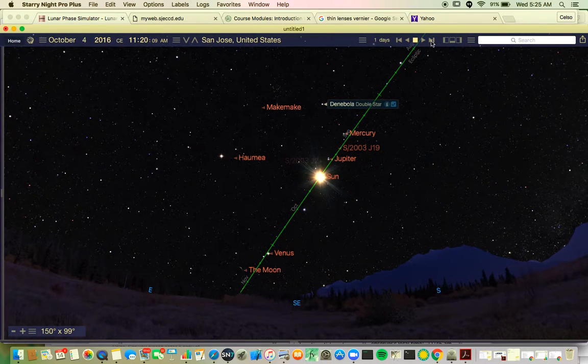So why is that? Well, it's because there is a difference between the sidereal day and the diurnal day. One is 23 hours and 56 minutes, about that, which is the sidereal, and the other one is the diurnal day of 24 hours. So stars complete one apparent turn around Earth faster than the sun.